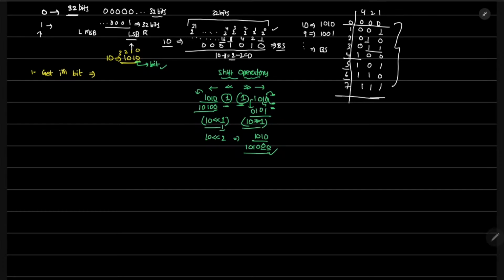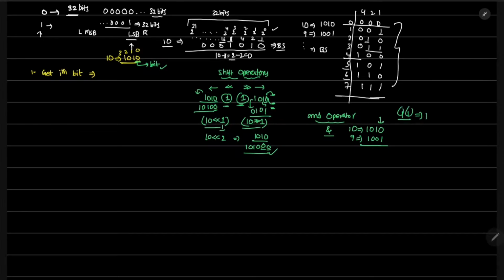The next operator we need to learn is the AND operator. What is the AND operator? It is represented by this symbol. If I take 10, 1 0 1 0, and some other number like 9, 1 0 0 1, then if the 2 bits in the same position are 1, the output will be 1.